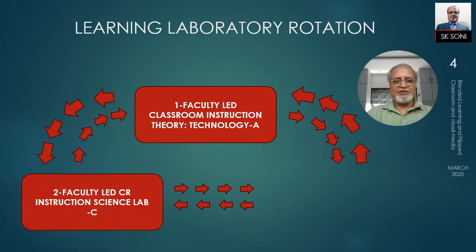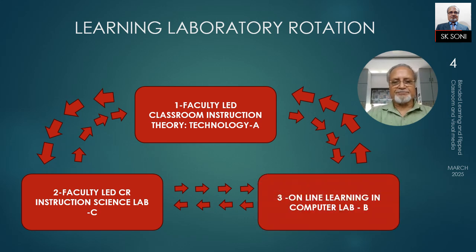Then in another laboratory, the students are given instruction to perform science laboratory work and they are using scientific equipment to perform that experimentation. The third laboratory may be a computer center where students are learning using online learning resources or learning resources stored in the cloud of the institution.